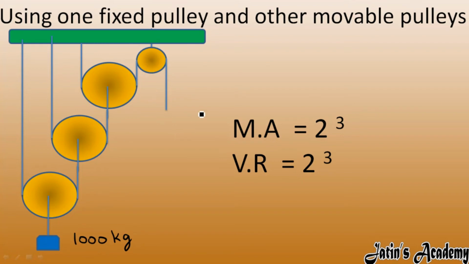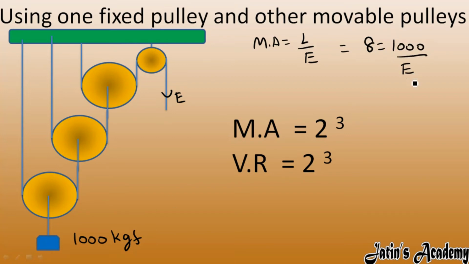Carefully see, mechanical advantage is load upon effort. You can write kgf here because it is a force; effort we have to calculate. Mechanical advantage here is 8. Load value we have is 1000, and effort we have to calculate. So effort is 1000 by 8. When you cancel out, you will get effort as 125 kgf.